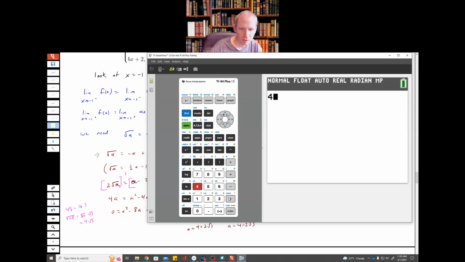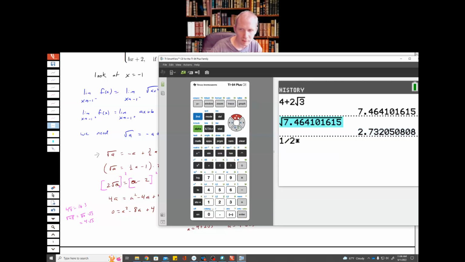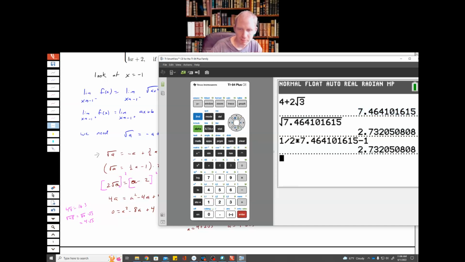So if I take 4 plus 2 root 3, I get some number. So what happens when I plug that on the left? I get the square root of that a value. And what happens when I plug that in on the right? If I take 1/2 of that a value minus 1, I get the same thing. So that solution works. Okay, good.